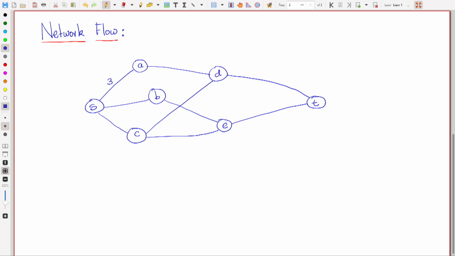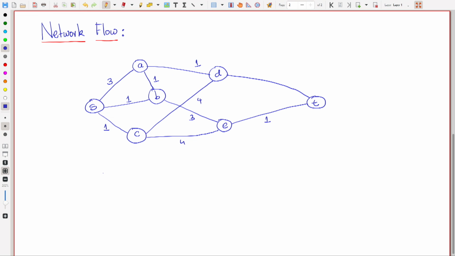On this route you can only send 3 units, say, in a given time. This route you can send 1, this route you can send 1. Let us say 4, 3, 4, 1. So each arc has a capacity, and now your problem is, what is the most I can transport from S to T, and how should I do it? How much should I send?